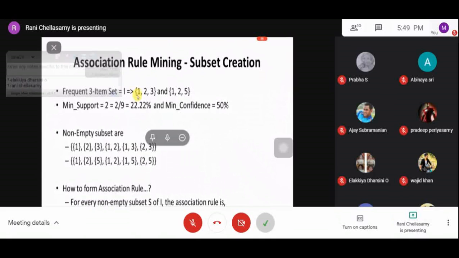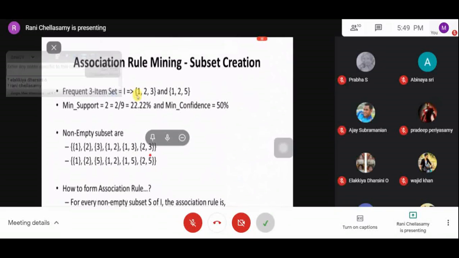With this, we have to find the non-empty subsets. What are the non-empty subsets for the first set 1, 2, 3? 1 individually, 2, 3, and 1, 2, and 1, 3, and 2, 3. These are the non-empty subsets for the first set.